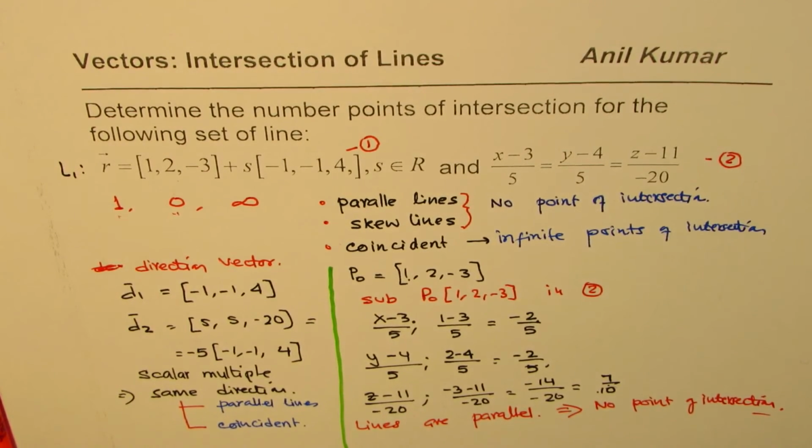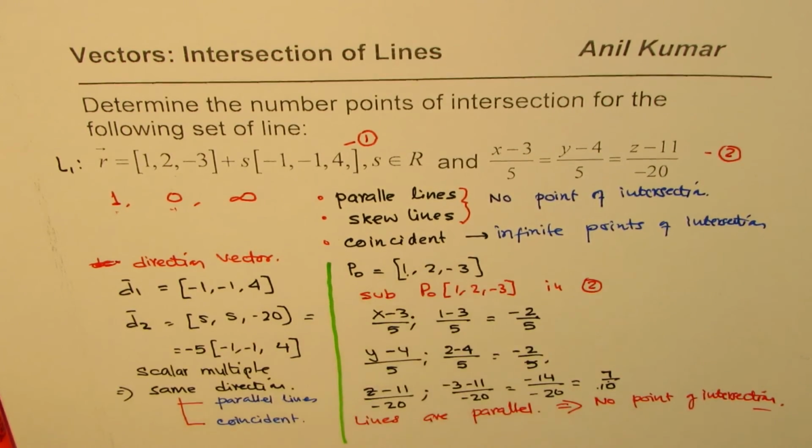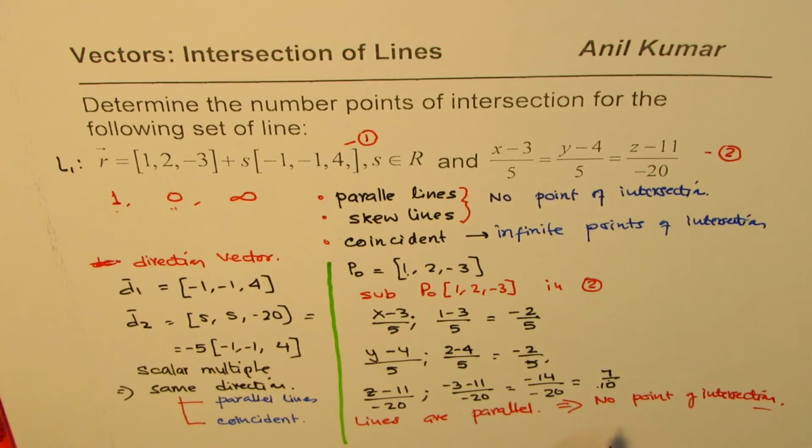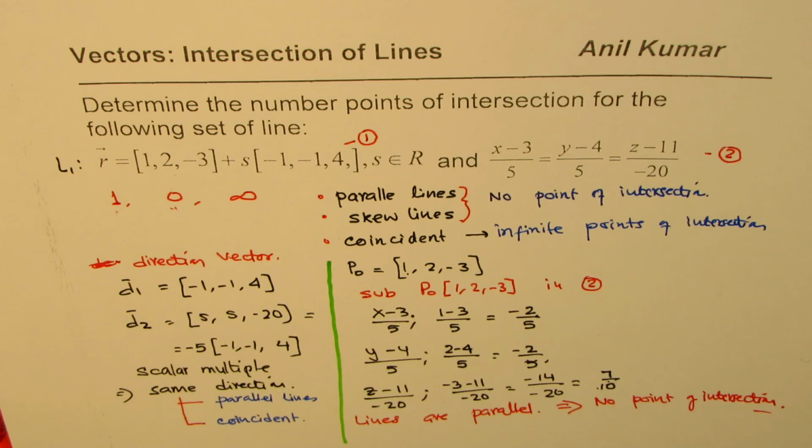Correct? So that is how you can figure out whether the lines intersect or not. If they intersect, they will intersect at one point, and if the lines were coincident, then they would intersect at all the points, and we would have an infinite number of points of intersection. I hope that helps. Thank you and all the best.